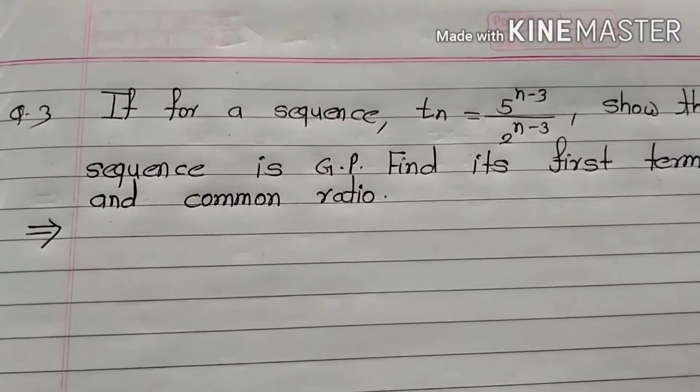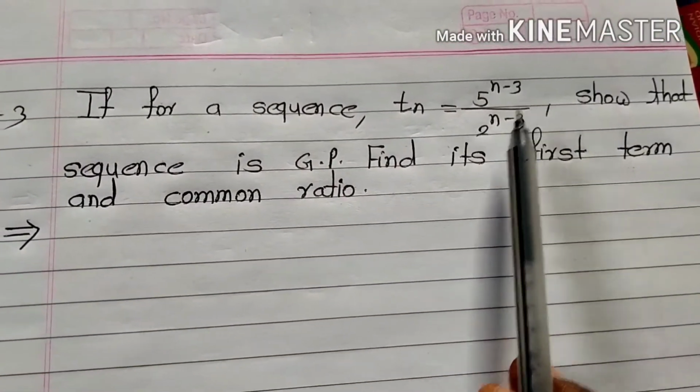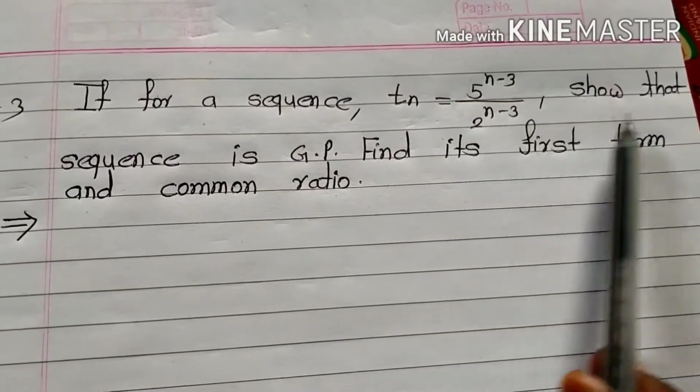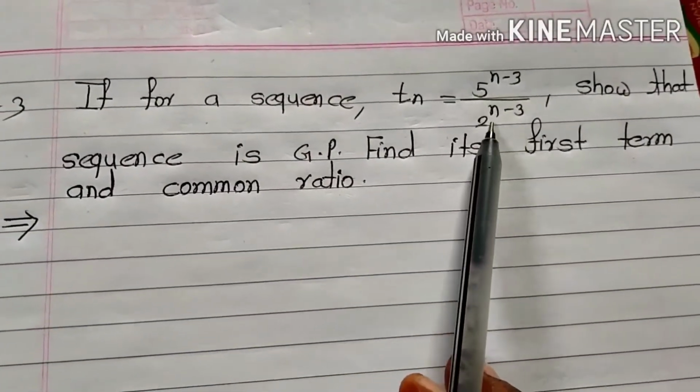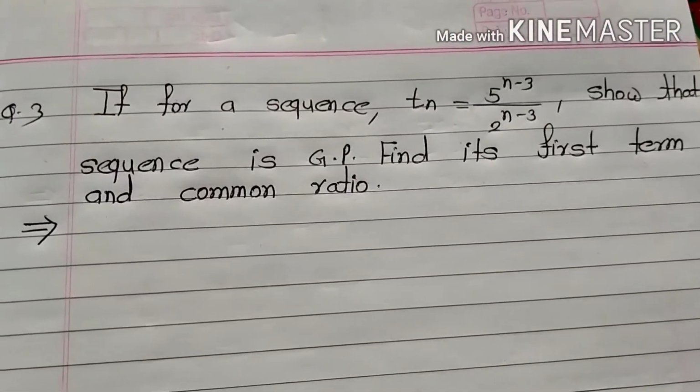Now next example, if for a sequence Tn is 5 raised to n minus 3 upon 2 raised to n minus 3, show that this sequence is GP and find its first term and common ratio.